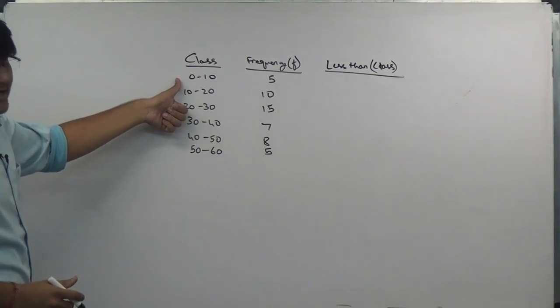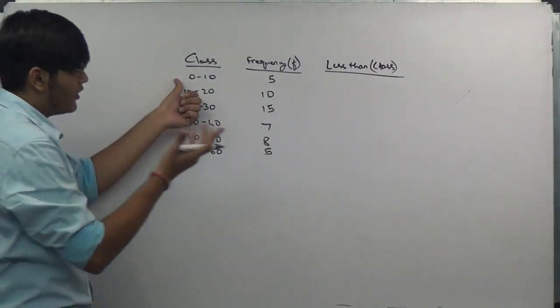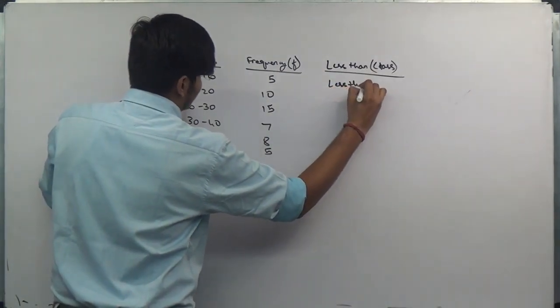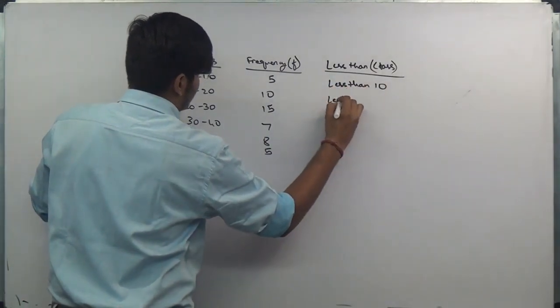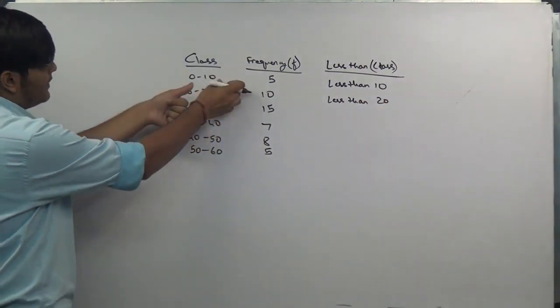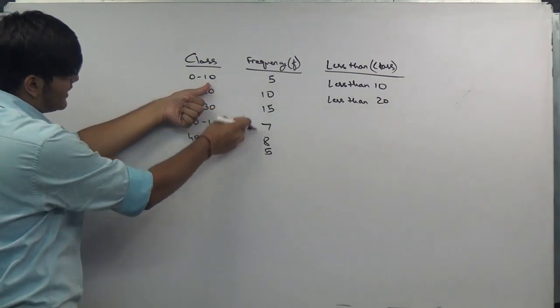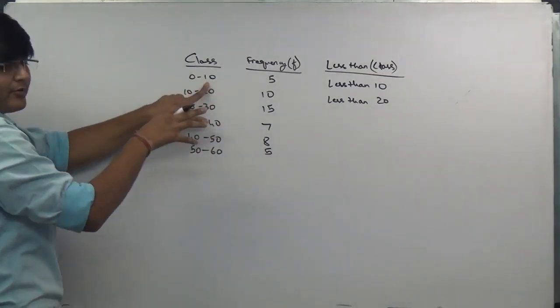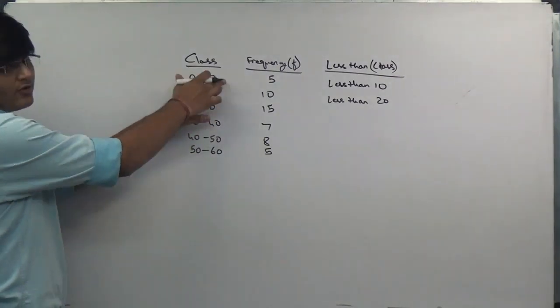So considering less than, what the question looks like is less than 10, less than 20. Look at the class, the upper limit, the upper boundaries of the individual classes, less than 10, which involves all the frequencies involved from 0 till 10.